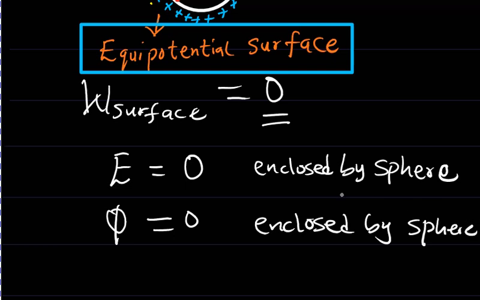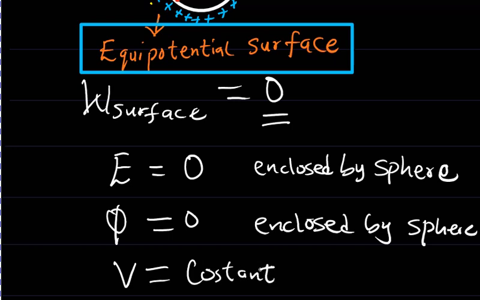In case you are asked, what is the electric field inside a closed surface? Not just a sphere, for a closed surface it is always equal to 0. The only place you have an electric field intensity that is not equal to 0 is outside the closed surface, but inside the closed surface it is equal to 0. But we can calculate the electric potential inside the closed surface. The electric potential inside the closed surface is constant.